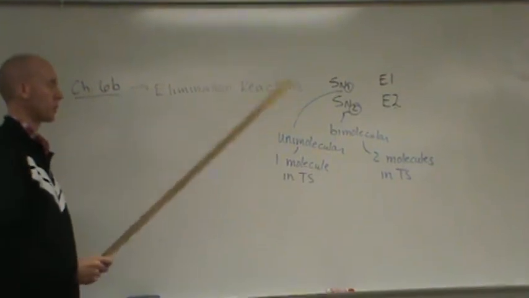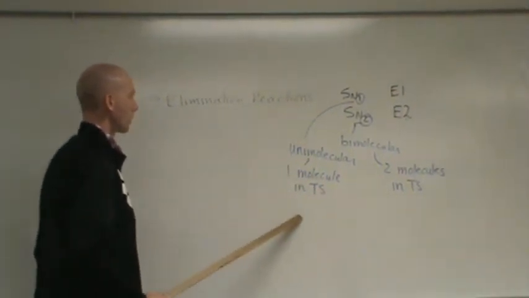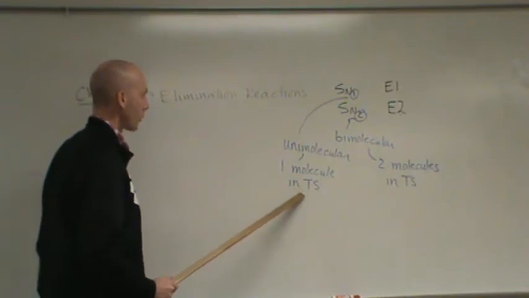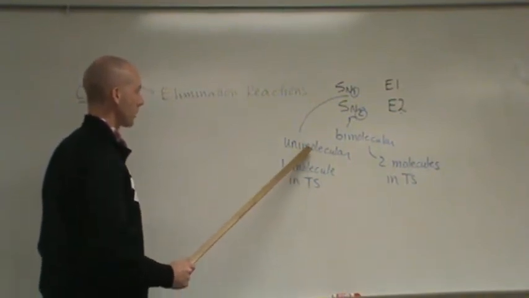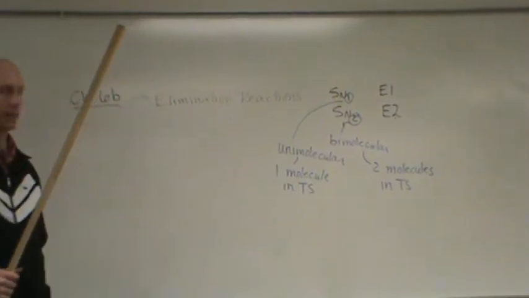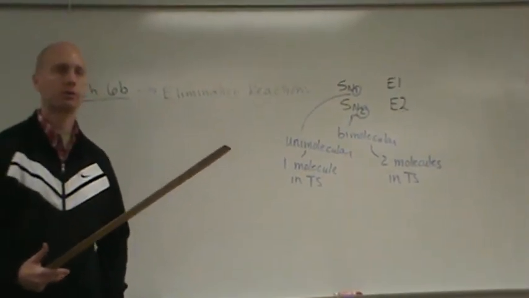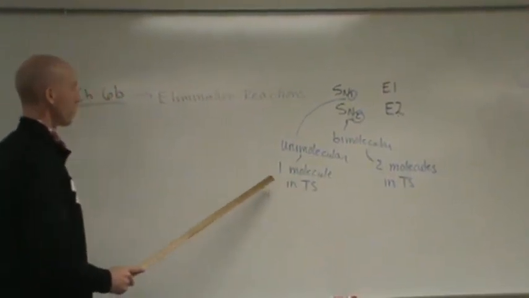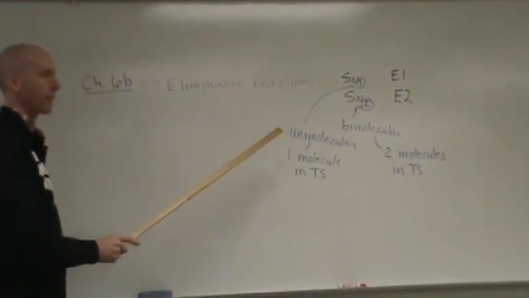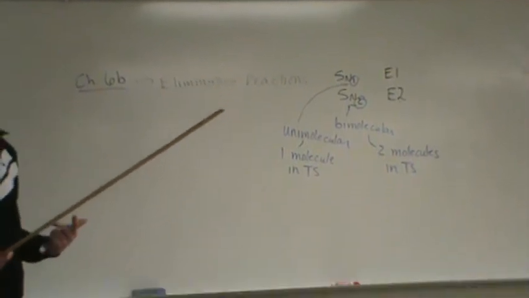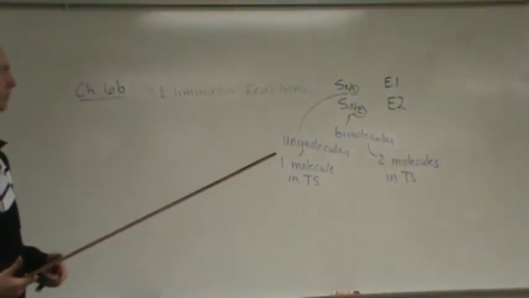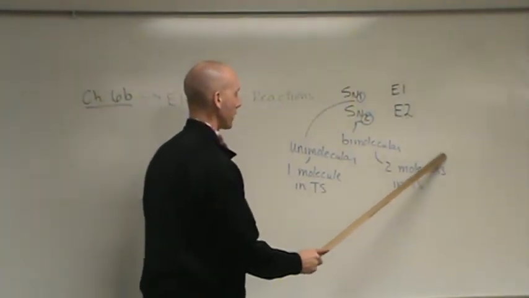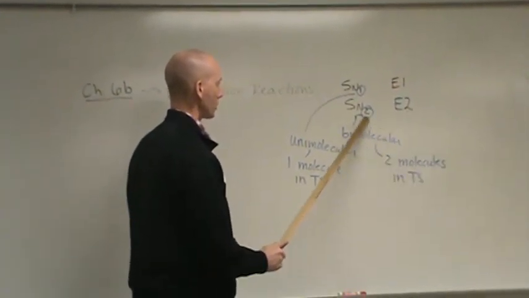So you had 2 transition states. So this means there's 1 molecule involved in the rate determining step, which was the first step. So the first step, 1 molecule. Remember what's happening in that first step? The leaving group was leaving on its own. Remember that? Bimolecular, 2 molecules in the transition state.